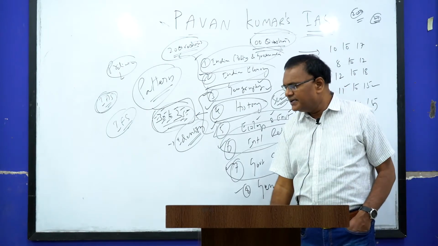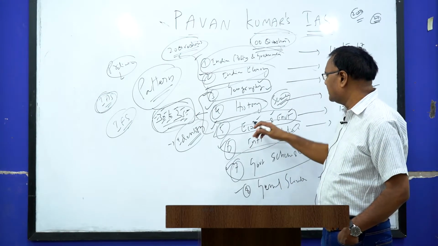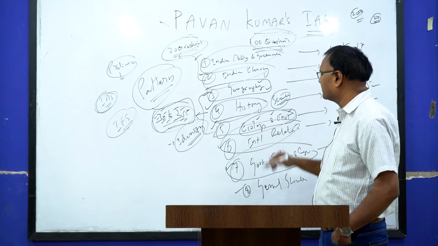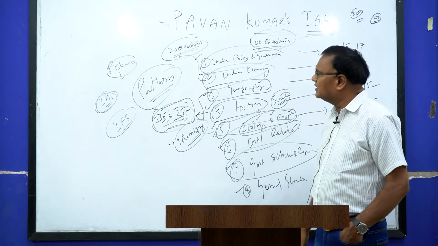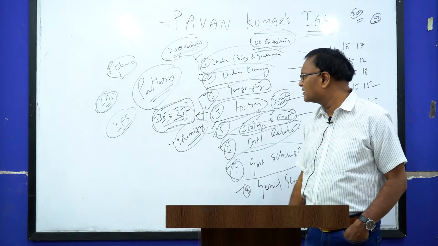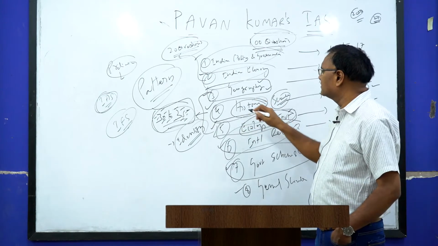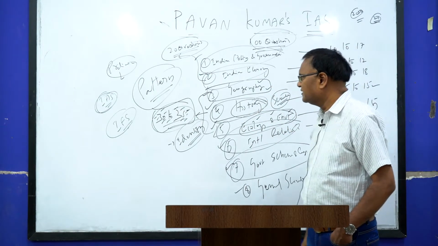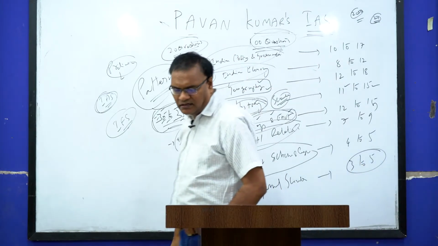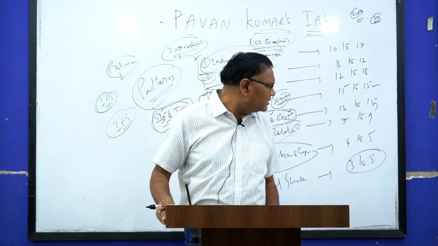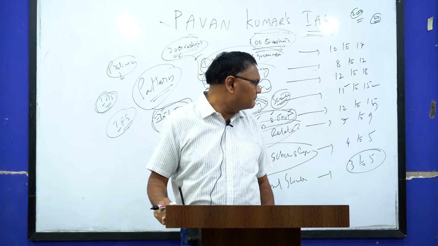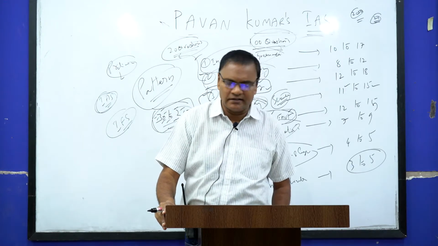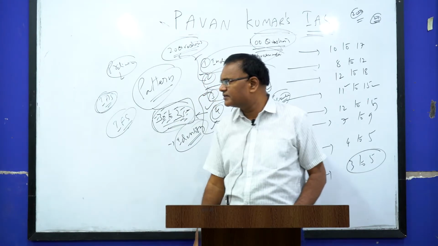On the other hand, if you are from non-science background, it will be easy for you to go through history or polity and governance, right? Depending on your background, you can always look for your areas of strength in the preliminary examination.